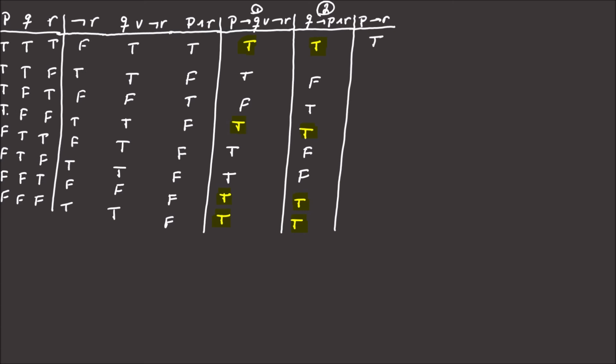In the fourth row, it is false. And in the 7th and 8th rows, it's true. Now we have a false conclusion in a critical row. Therefore, the argument is invalid. All it takes is one false conclusion in a critical row for the entire argument to be invalid.